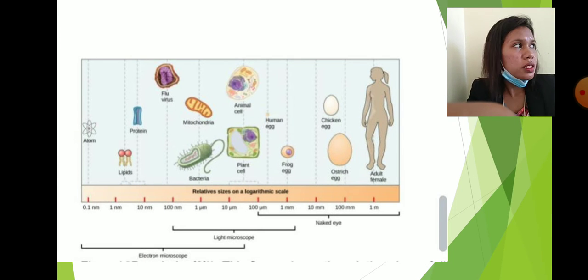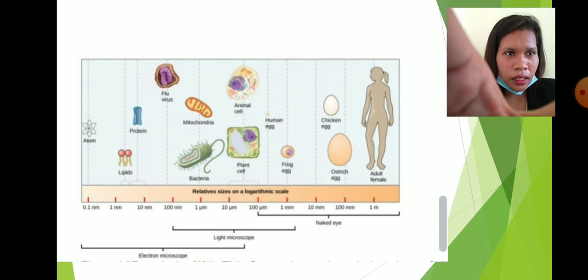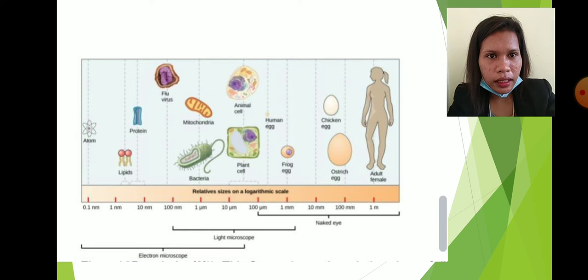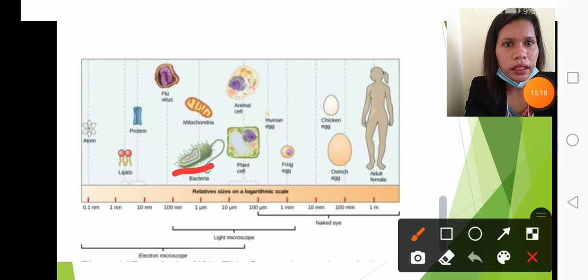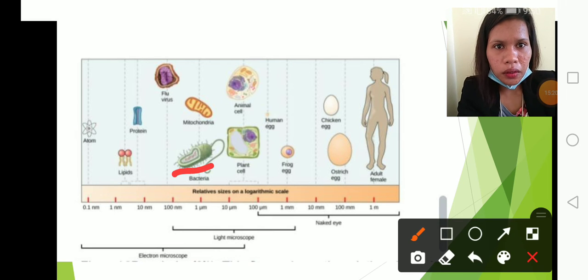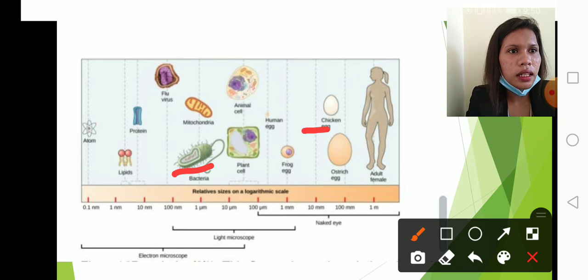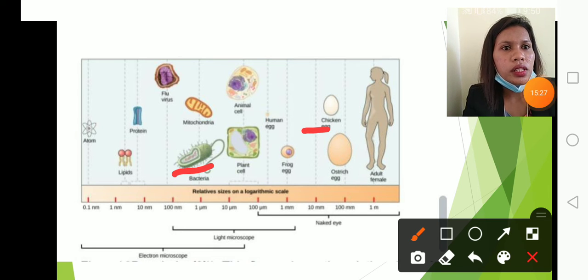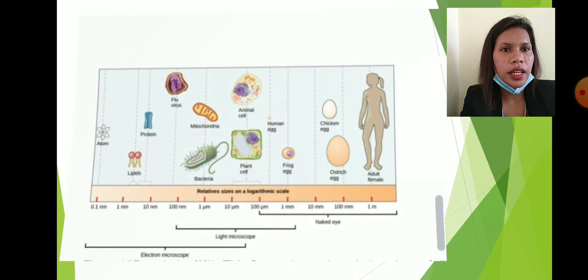So one of the examples of the cell is this one. Yan makikita natin, ito yung bacteria. Wait lang guys. Ito yung bacteria at ito yung lipids. Okay, chicken. So isa din yan kasi yung chicken is may buhay siya, di ba? So isa din siyang cell from chicken.